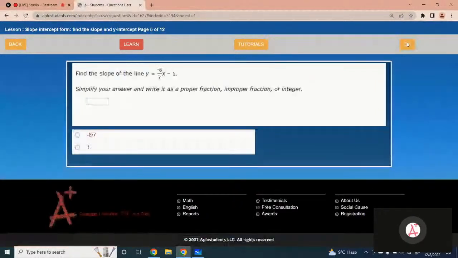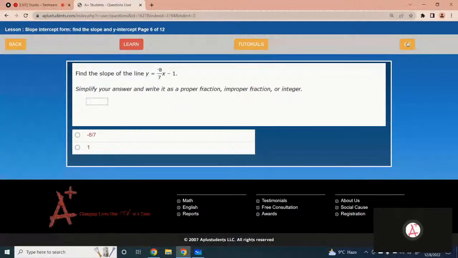Okay, find the slope of the line. You have to find the slope. So which option is the correct one, the first one or the second one? Okay, find the slope of the line y equals negative 8 over 7x plus minus 1. So which is the correct option?